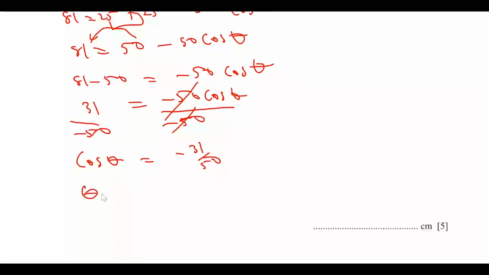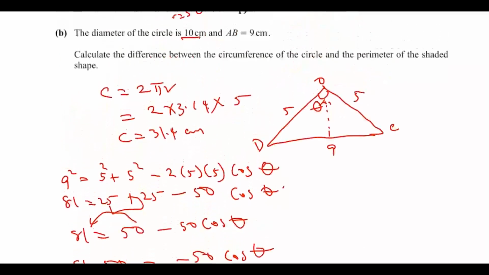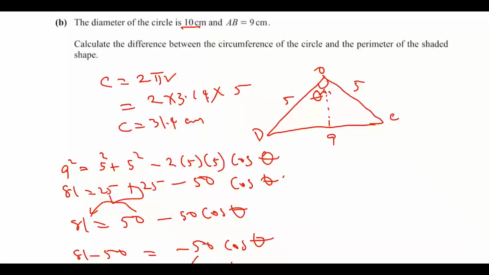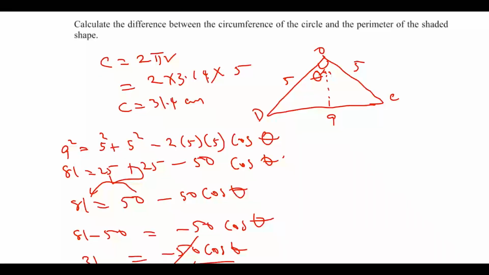I can find theta directly by taking cos inverse of both sides, and the value of theta here is 128.3. Since theta is 128.3, angle DOC is equal to 128.3.